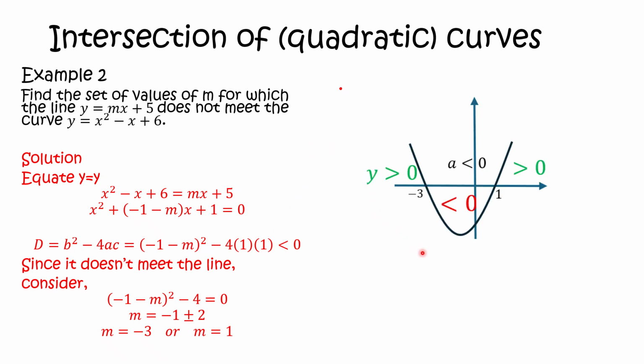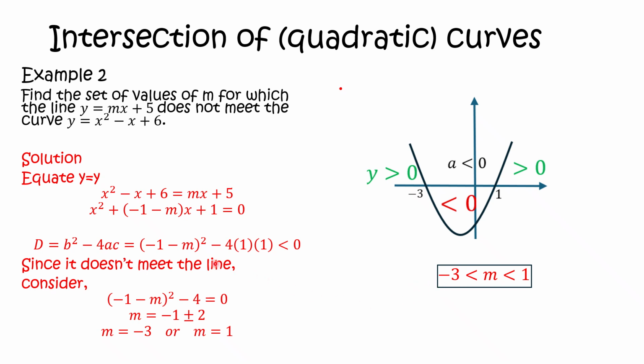Right, so from here we can see that our a for the inequality that we have is a positive value. So it means that the vertex would be a minimum point. And for values that are in between minus 3 and positive 1, the curve has negative values, and otherwise we have positive values.